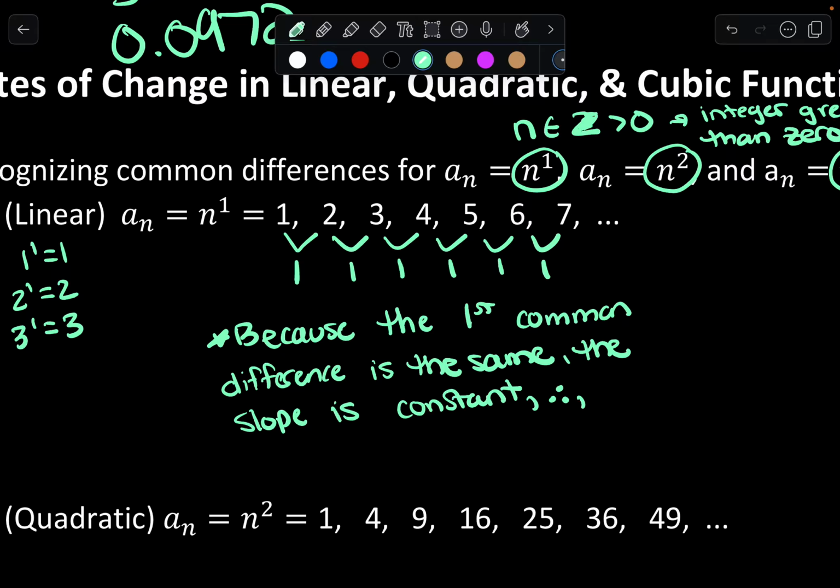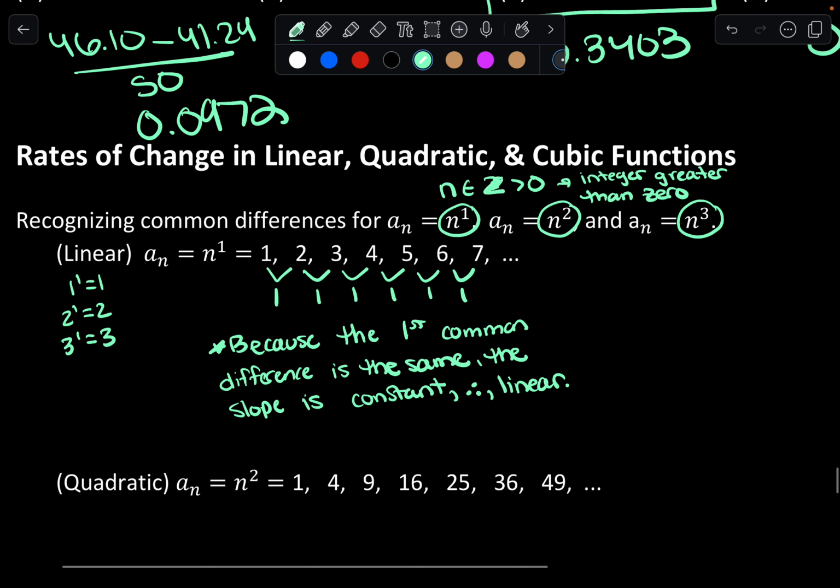Therefore, linear. And the 3 dots mean therefore. So because we only had to look at the first differences and they were common, that means it's the first common difference, all right? So another star here is we use the first common difference.